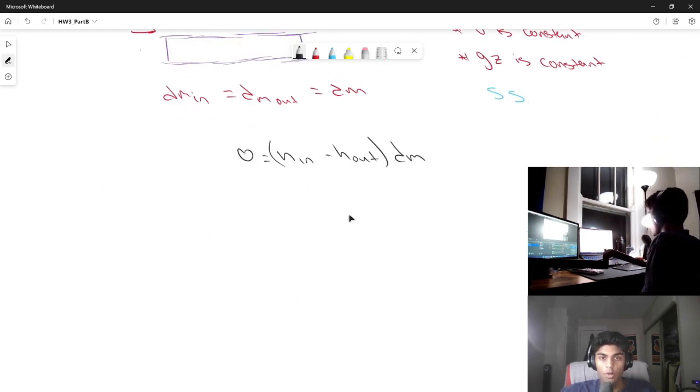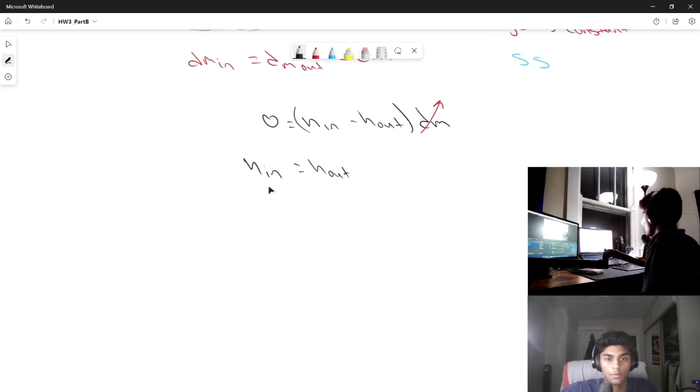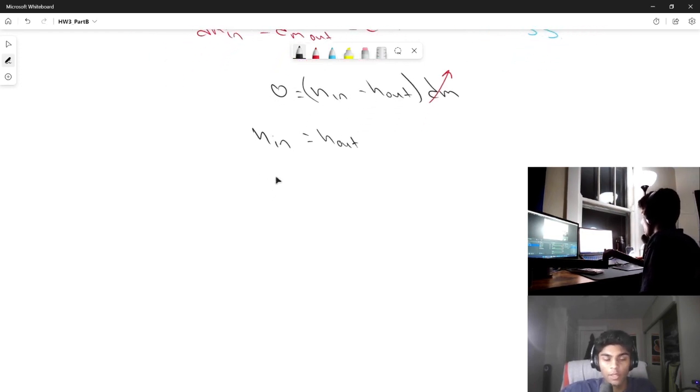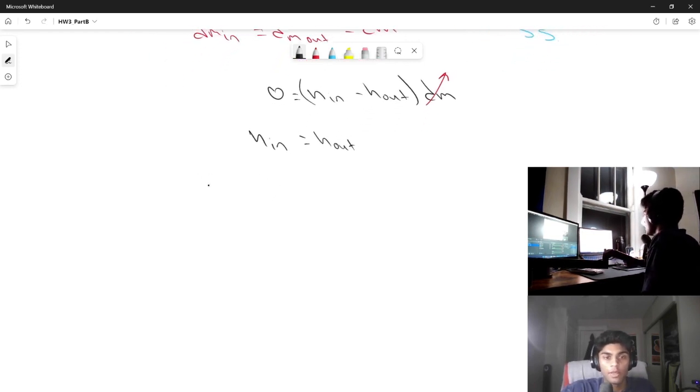So from this point onwards, we can divide on both sides by the differential mass. So what we're left with is the enthalpy in is equal to the enthalpy out. And enthalpy can be rewritten as the internal energy plus the pressure over the density. And we could do this for both sides.